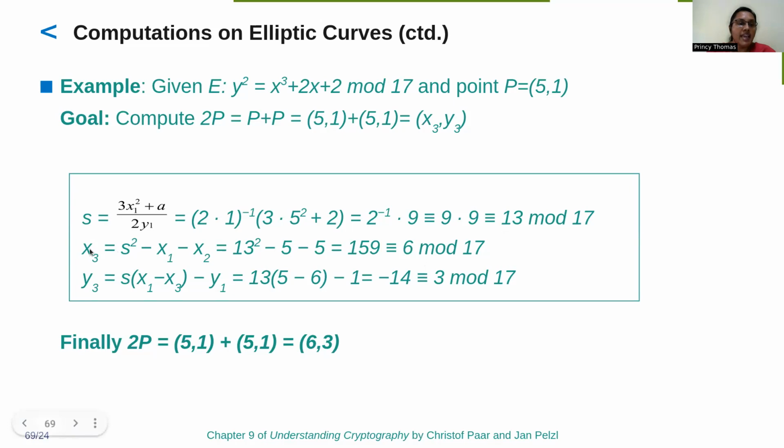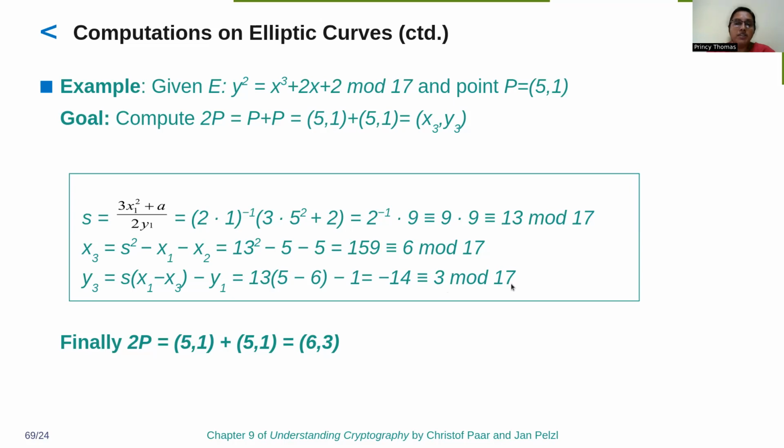Then using x3, you can find y3 by plugging in the values of s, x1, x3 and y1. You will get minus 14. So we take positive values, because you remember that the values should be between 0 and p minus 1. So the value here will be 17 minus 14, which is equal to 3.